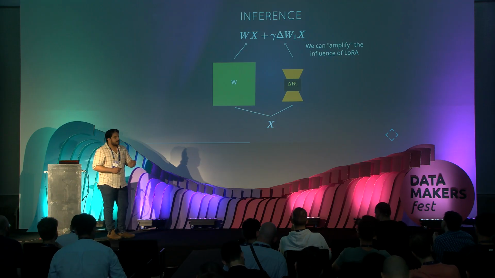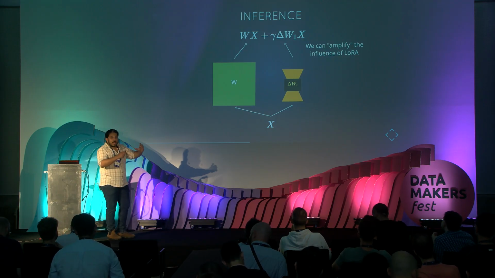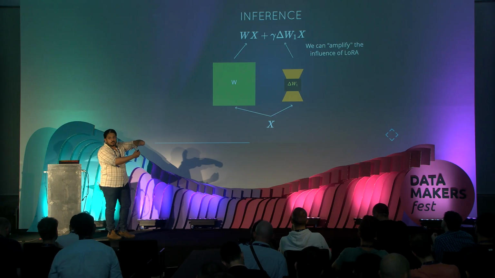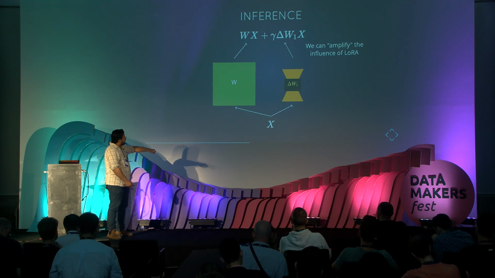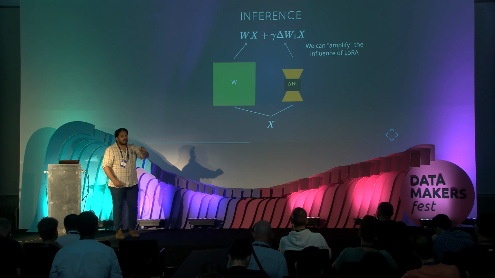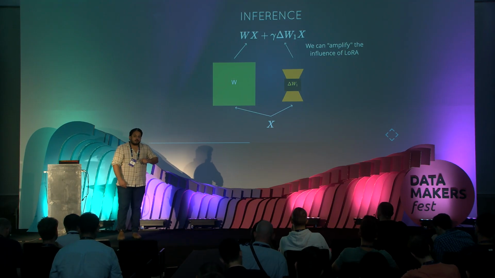What that means is that I can amplify or diminish the impact of my adapter or my data set depending upon what suits my needs. This means you can actually maybe get a higher performance on your data set post-training just by augmenting the gamma values. So that's a hyperparameter you can play with. And yeah, you just make your data set knowledge shout louder, if that makes sense.